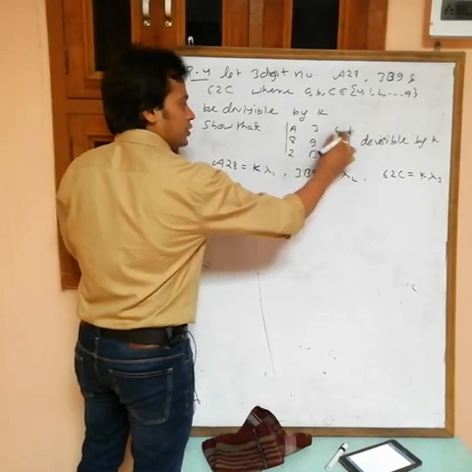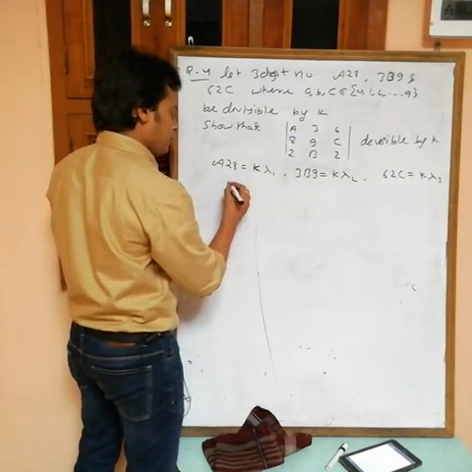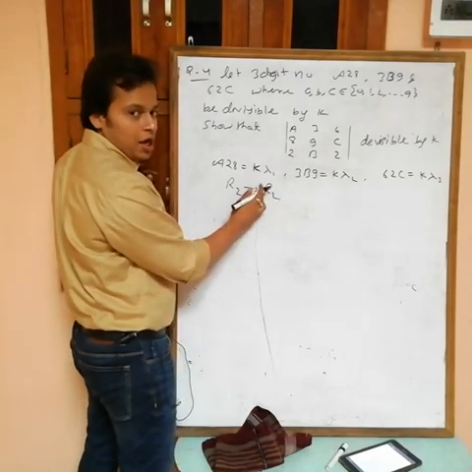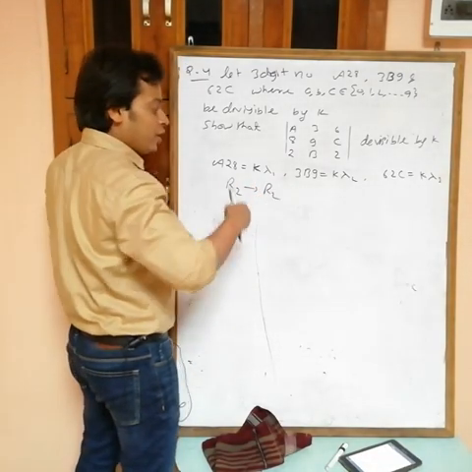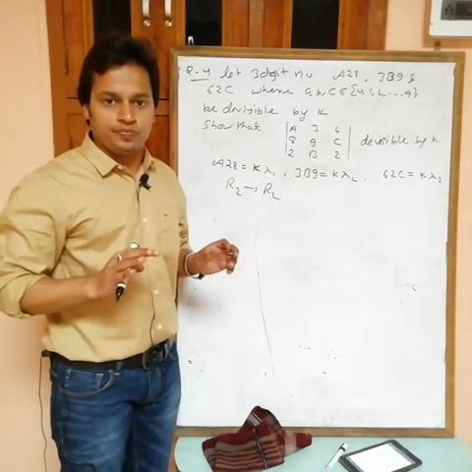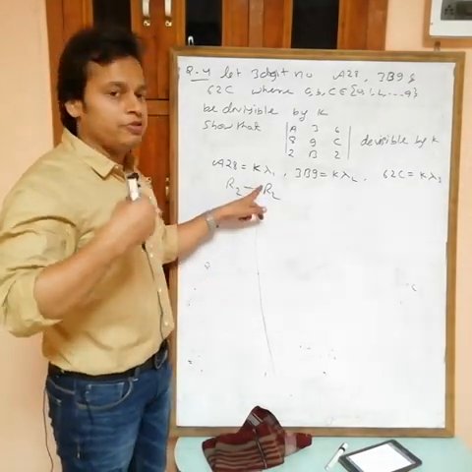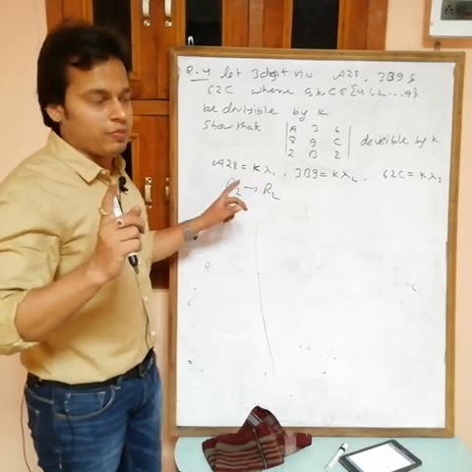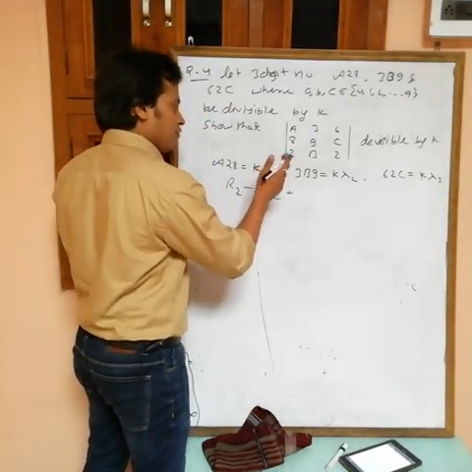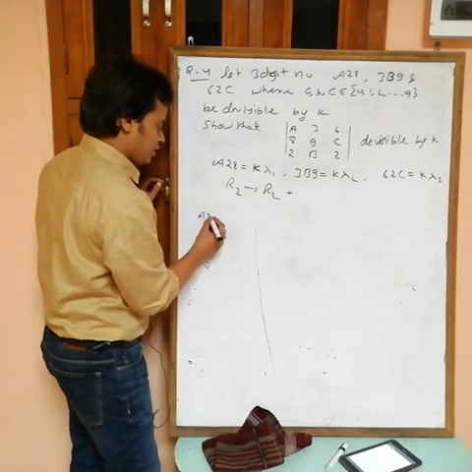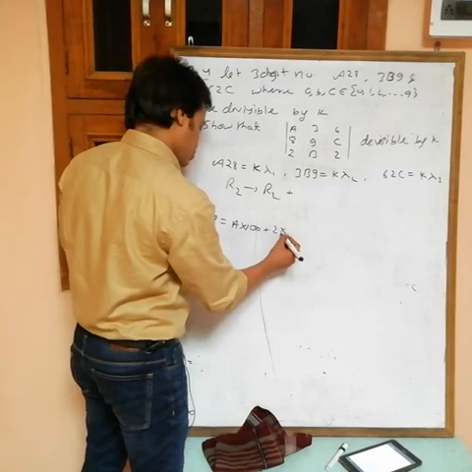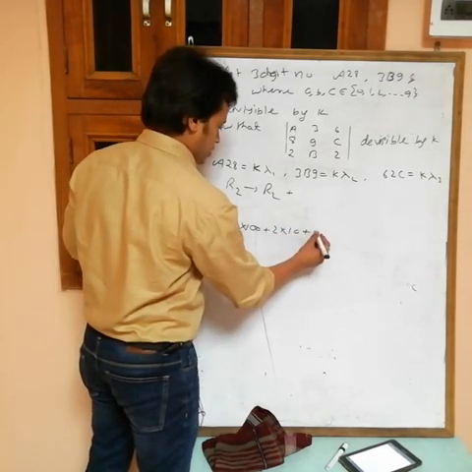To convert these elements in terms of these, I am performing the row transformation in R2. So you can't multiply R2 with any constant. You can add or subtract a constant multiple of another row in R2, but you can't multiply it with 2, 3 or 10. Remember one thing. So in R2, what do you want? a 2 8 means a into 100 plus 2 into 10 plus 8.